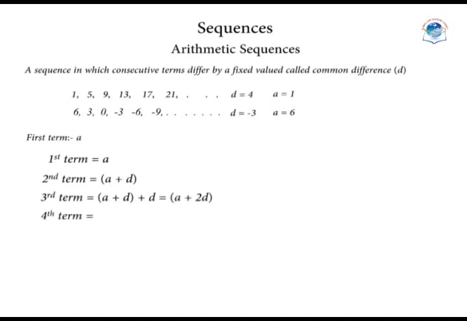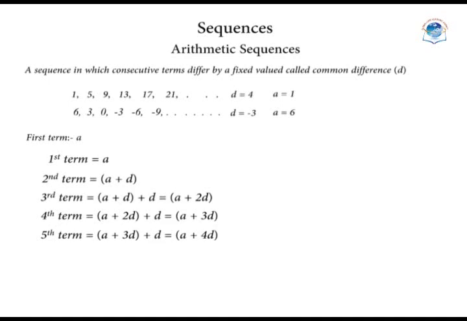The fourth term is obtained by adding D to the third term, so A plus 2D plus D, giving us A plus 3D. The fifth term is obtained by adding D to the fourth term, so A plus 3D plus D, giving us A plus 4D.